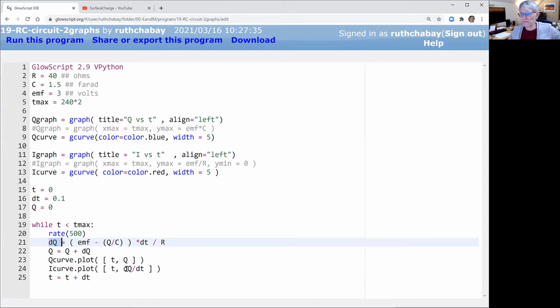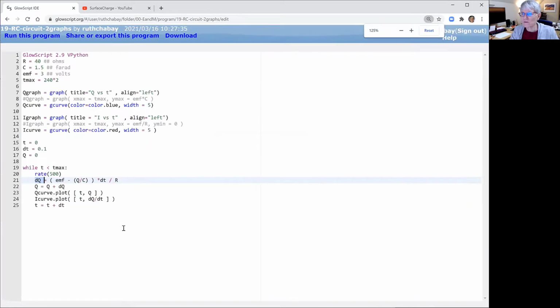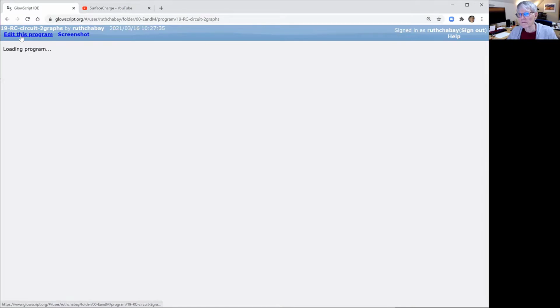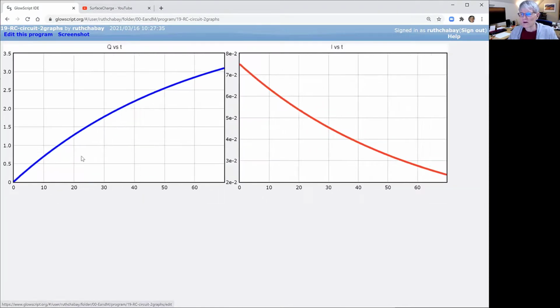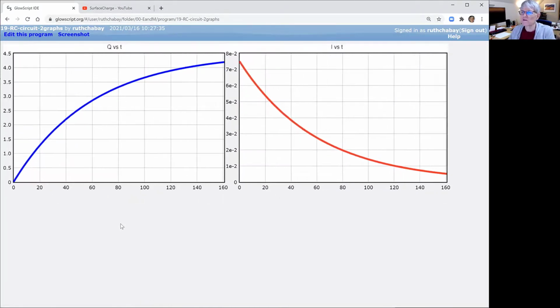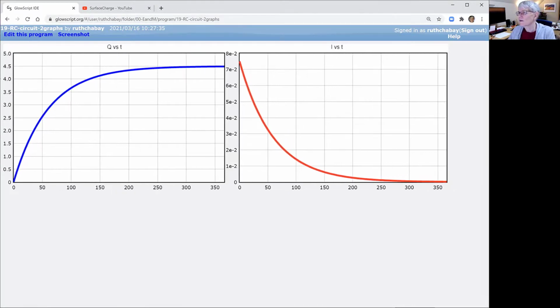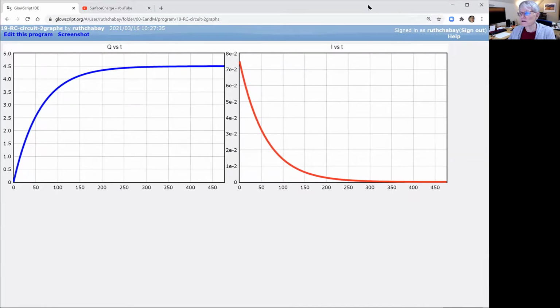So I is that. And so what this predicts is, okay, the left graph is Q versus T. The right graph is current versus time.